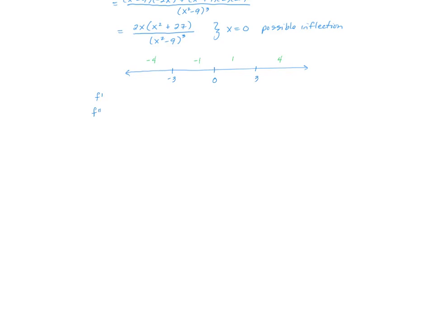If I put -4 into the first derivative, it's going to be negative. If I put in -1, I believe that's also negative. At 1, it's negative, and at 4, it's negative. Okay? And then at -3 and +3, I have these vertical asymptotes, and at 0, I have a possible inflection.